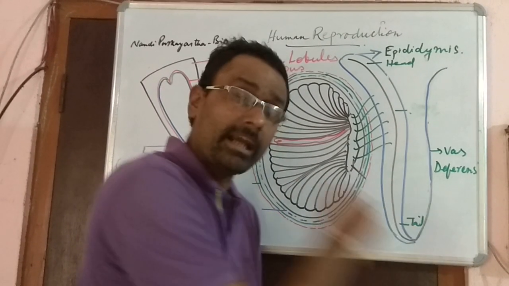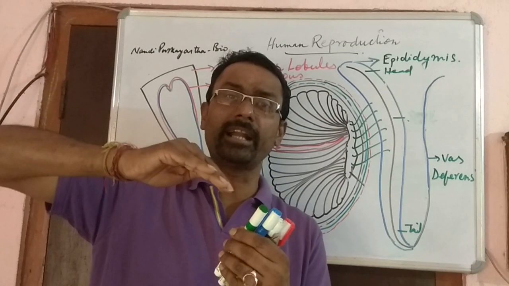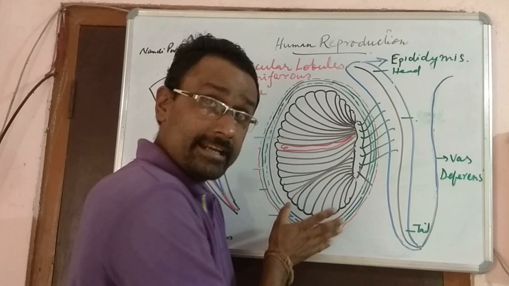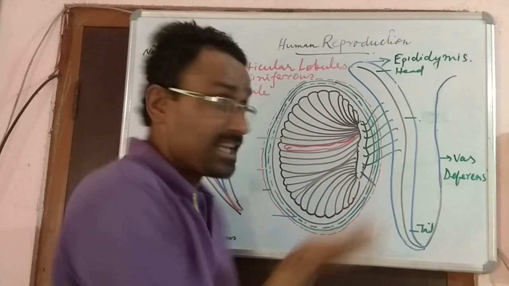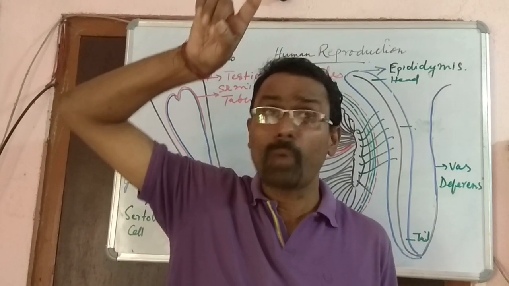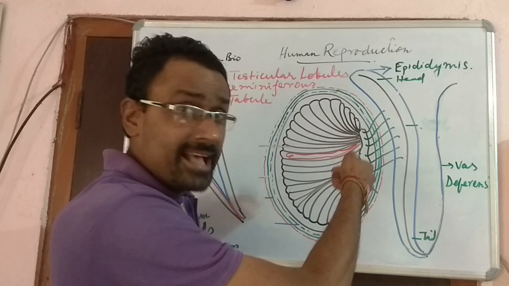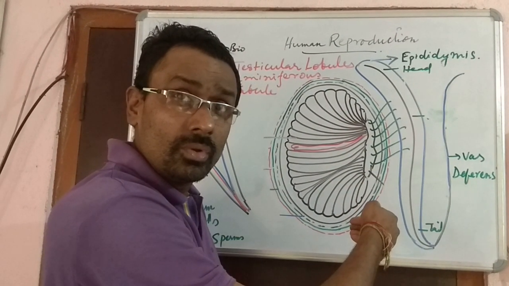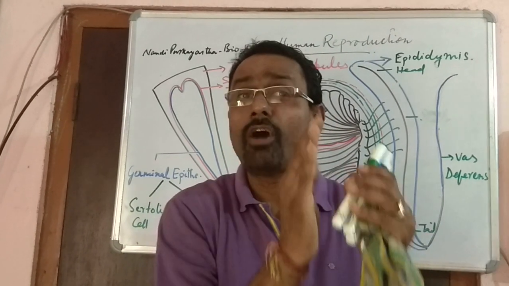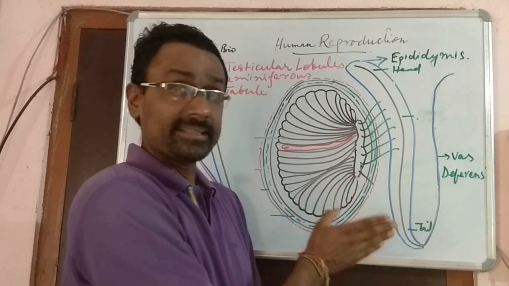Now, the vas deferens will come out and move to the urinary bladder. The urinary bladder is placed at the top, a little higher than the testis. So what happens? The vas deferens ascends and forms a loop around the urinary bladder. Then through the urethra, it goes out. The external genitalia of the male reproductive system is the penis. So it comes out to the penis.